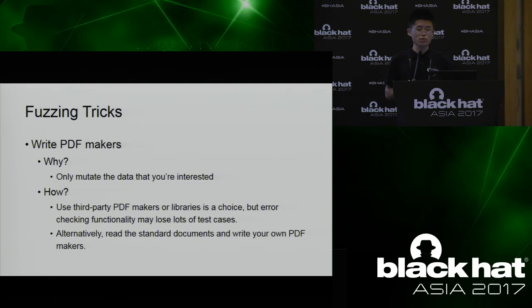So a possible solution is to write a PDF maker which could translate a specific file to a PDF. For example, if you want to fuzz the JPEG 2000 rendering engine, you can translate the JPEG 2000 images to a PDF file. Then you can test the PDF file with the target PDF reader.